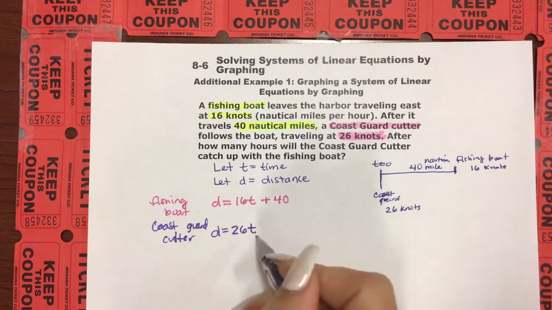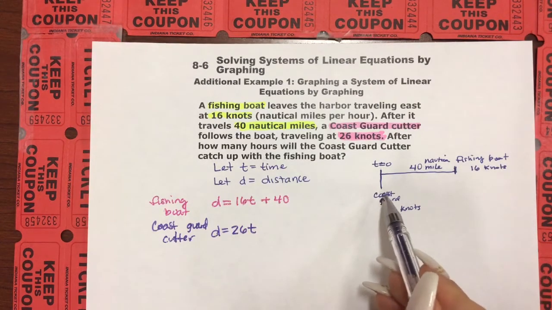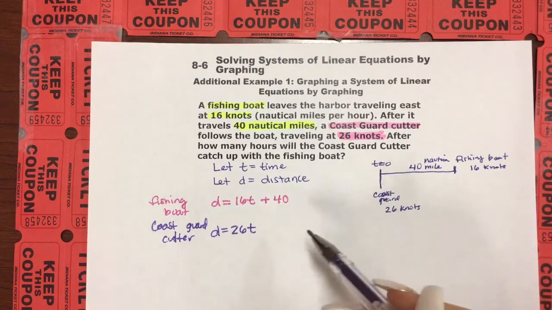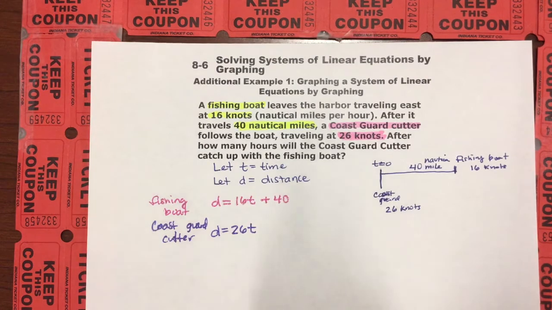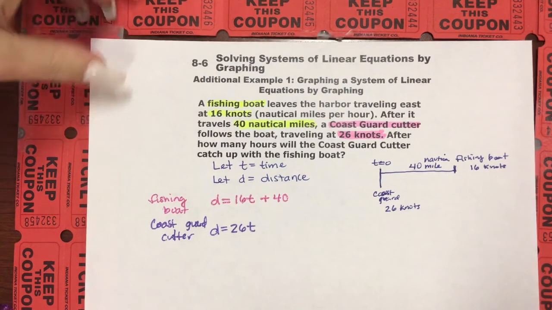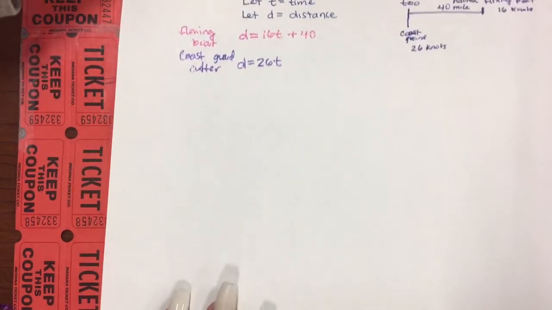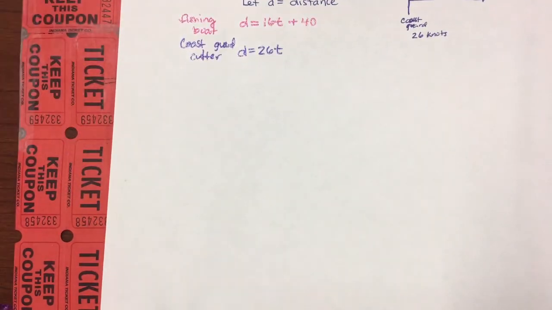So we multiply that by time. But they have no head start. Their head start is 0. So plus 0 or just nothing there. So we have two different equations there. And how we're going to solve these problems is by graphing them. So we're going to graph these two equations on a graph.